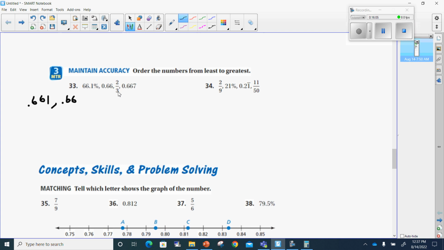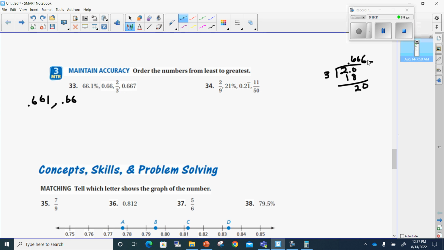The next one says 2/3. Well, remember, every fraction is really a division problem. This is 2 divided by 3. And when I put my decimal here and add my 0, I know 3 goes into 20 6 times. Unfortunately, this leaves us another 2. So we're going to keep on repeating the 6 in order to get the next number.